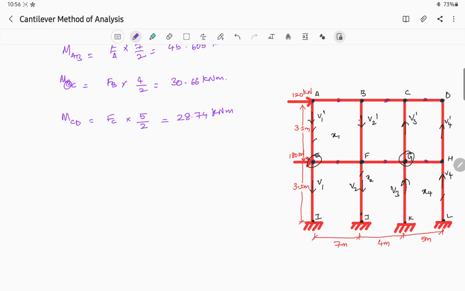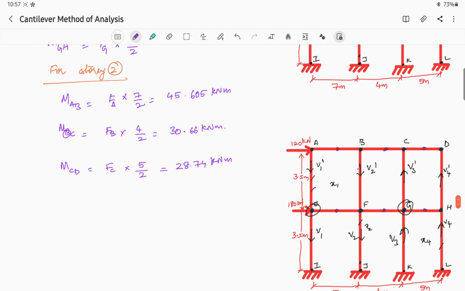Okay, so these are the values of shear forces and bending moments with the help of shear forces. So this is how we calculate shear forces, bending moments, and centroids and center of gravity of the loading of the entire beam and forces with the help of the pure cantilever method of analysis.